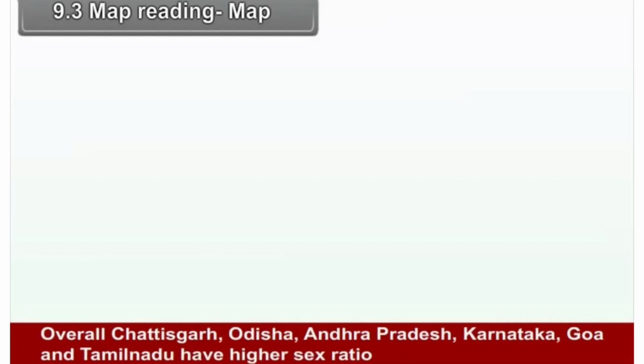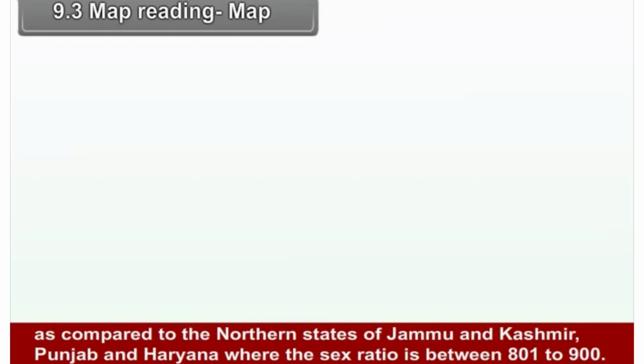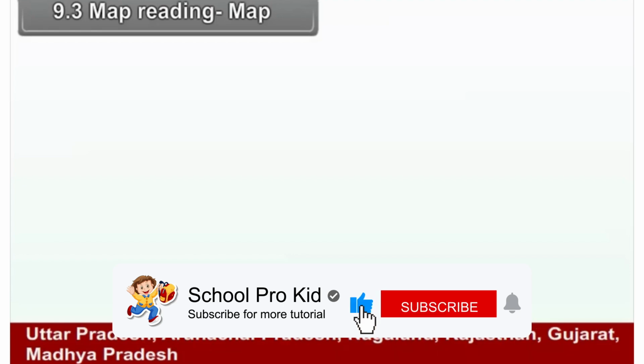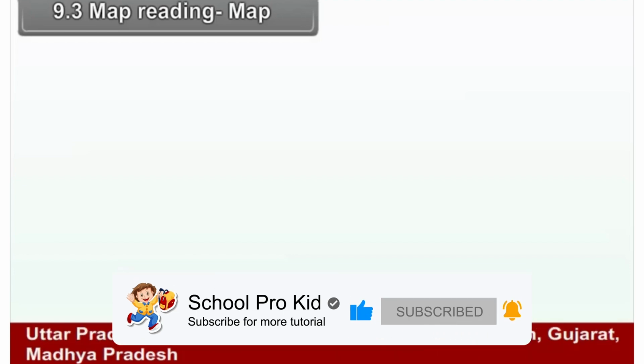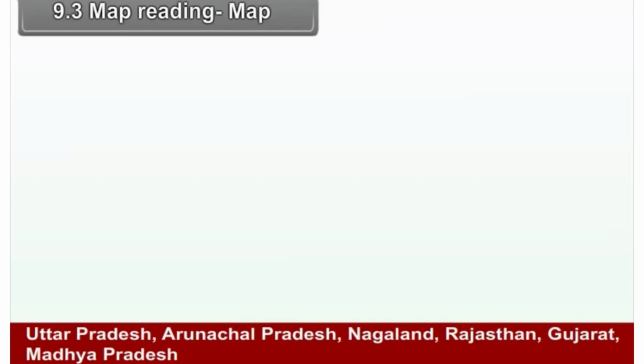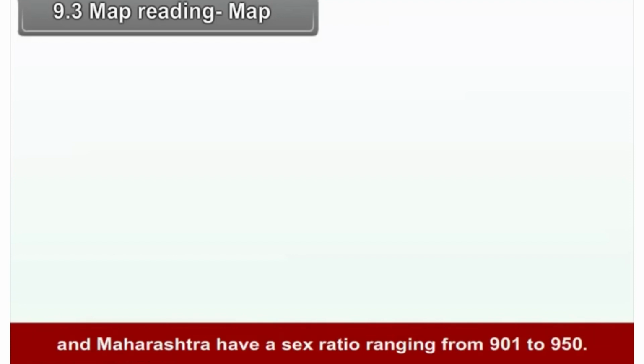Overall, Chhattisgarh, Odisha, Andhra Pradesh, Karnataka, Goa and Tamil Nadu have higher sex ratios as compared to the northern states of Jammu and Kashmir, Punjab and Haryana, whereas the sex ratio is between 801 to 900. Uttar Pradesh, Arunachal Pradesh, Nagaland, Rajasthan, Gujarat, Madhya Pradesh and Maharashtra have a sex ratio ranging from 901 to 950.